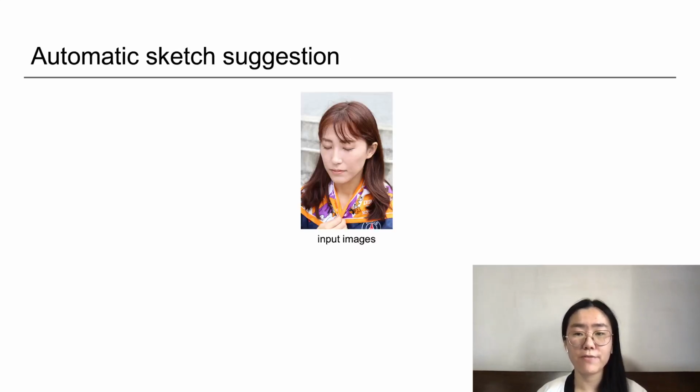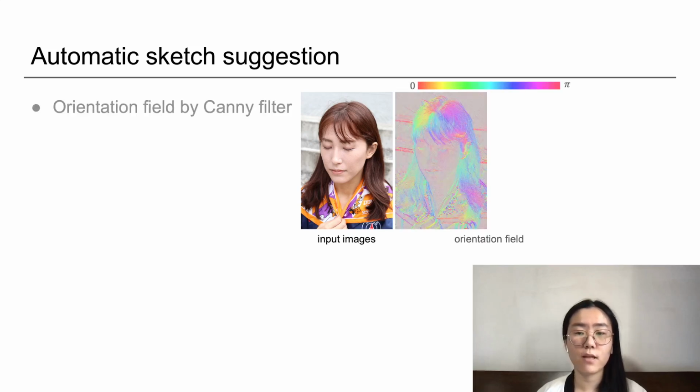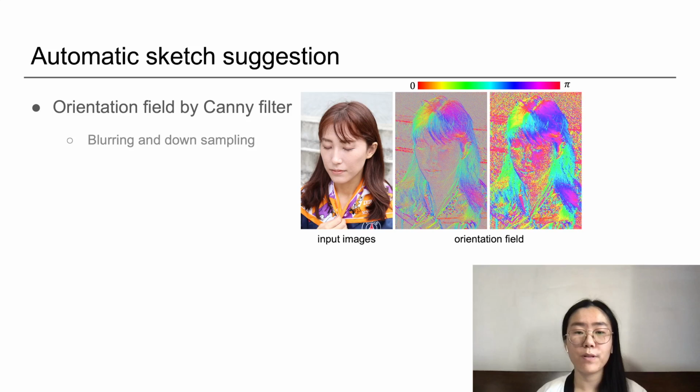We also have an automatic sketch suggestion system. This system requires images of a real human head. Then we compute the orientation field by applying the Canny filter. Because we do not need such a high-resolution orientation field, we blur and downsample it.